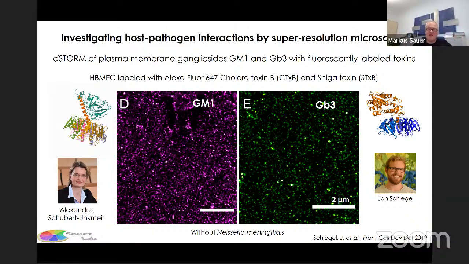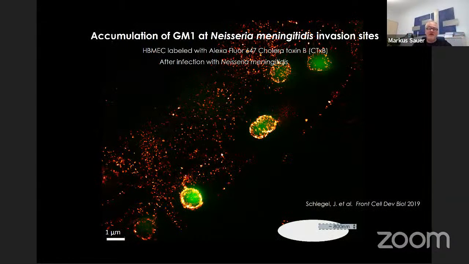showing large clusters. However, if you then add bacteria, Neisseria meningitidis, which express GFP, you can nicely show that there is no change in distribution for GB3, but GM1 accumulates at the entry sites or contact sites of these bacteria.